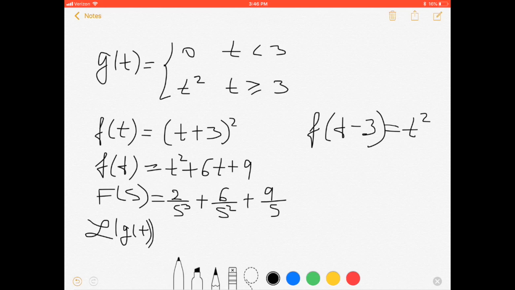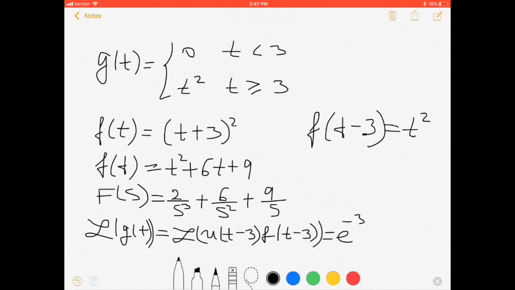Using our theorem, we know it will be the Laplace transformation for my step function u(t minus 3) f(t minus 3), and this is the exponential function e to the negative 3s multiplied by big F(s).